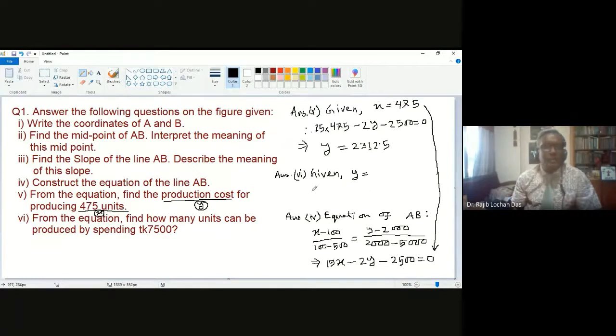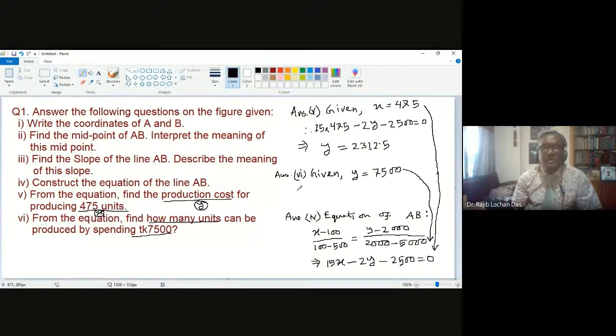And for the last question, y is given. Spending taka, that means y. Y is given as 7,500, and you need to find out how many units. How many units means x. So you put this into the equation again and then do the calculation. So x will come.